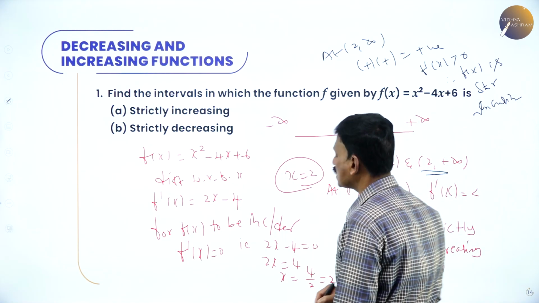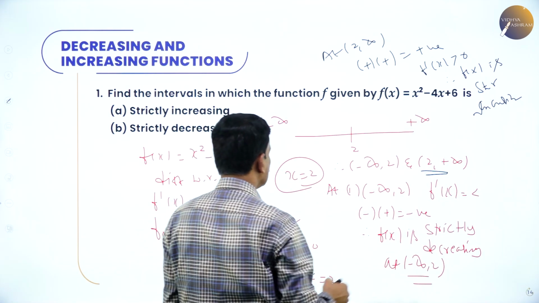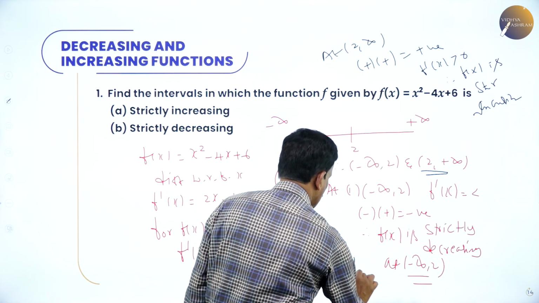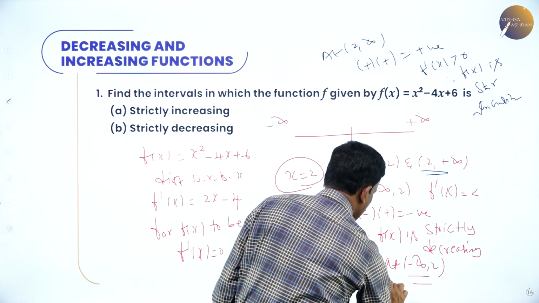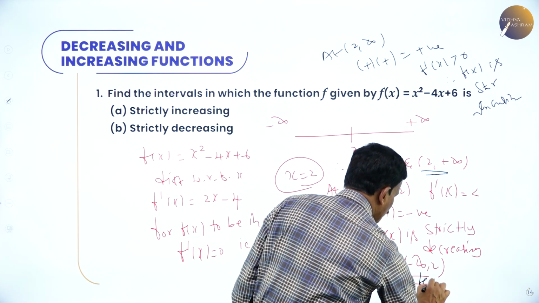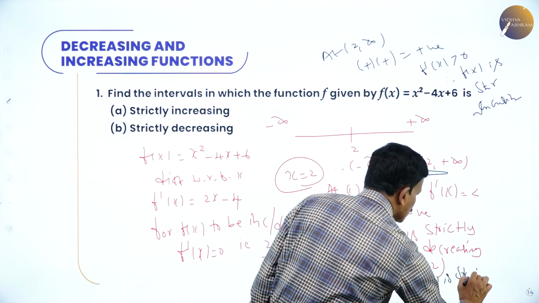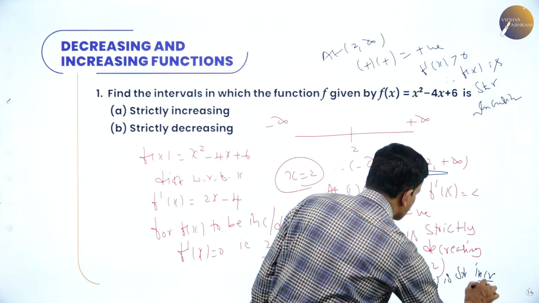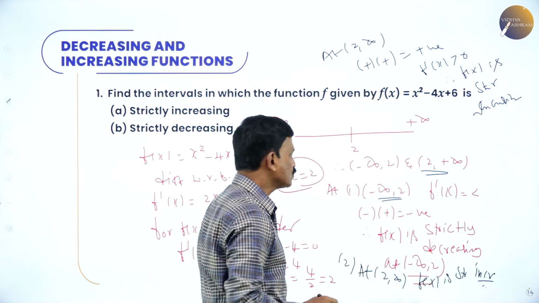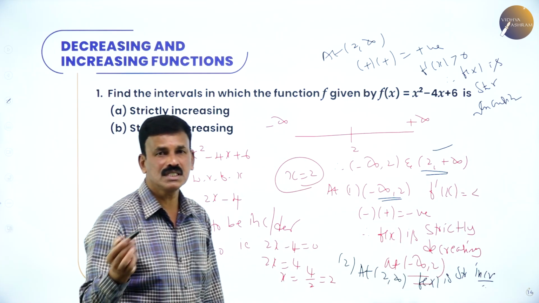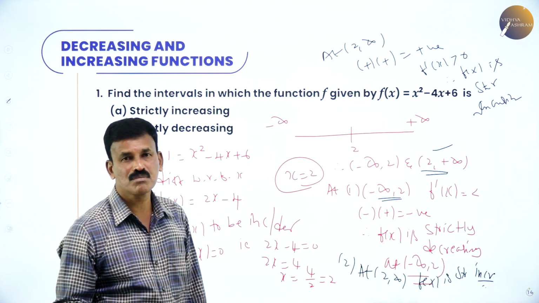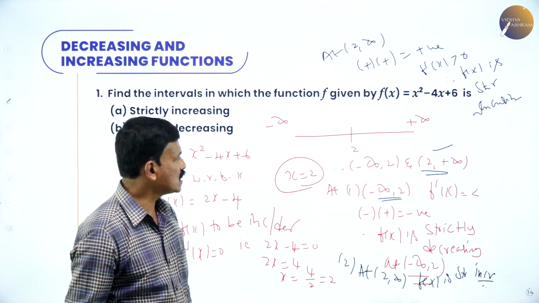So the function at 2 comma infinity, f of x is strictly increasing. That's it. So that means in minus infinity comma 2, the function is decreasing. In 2 comma plus infinity, the function is increasing. That's all. Very simple for 2 marks. Now move on to the next problem.